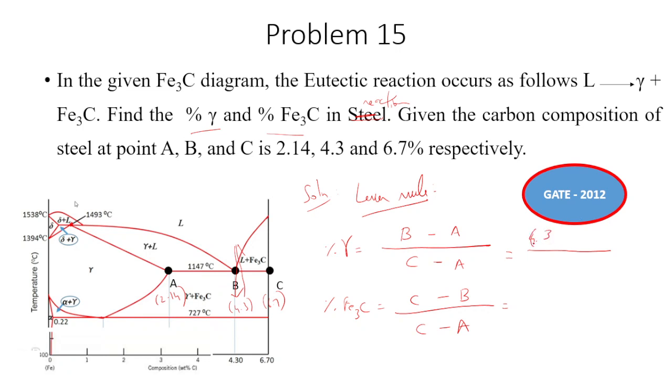4.3 minus 2.14 divided by 6.7 minus 2.14.